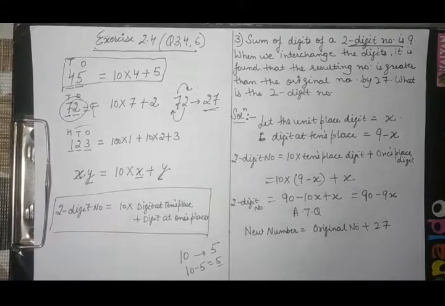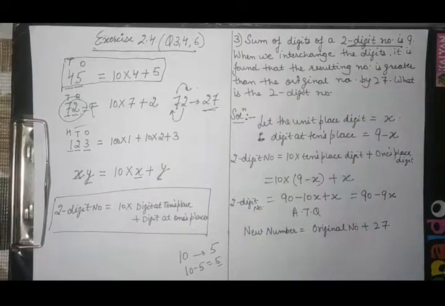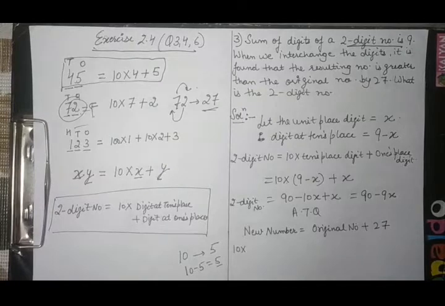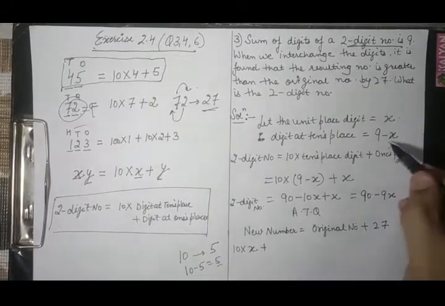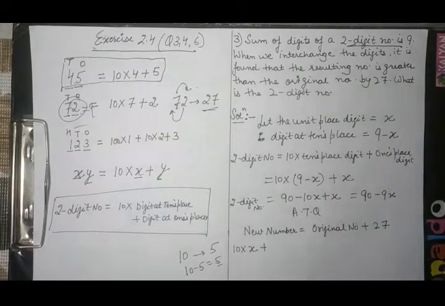Now how will we find the new number? It is given that we have to interchange the digits. So new number will be 10 into, earlier the unit place digit was x. Now it will become the tens place digit, plus 9 minus x, which was earlier digit at tens place. Now it will become digit at ones place.